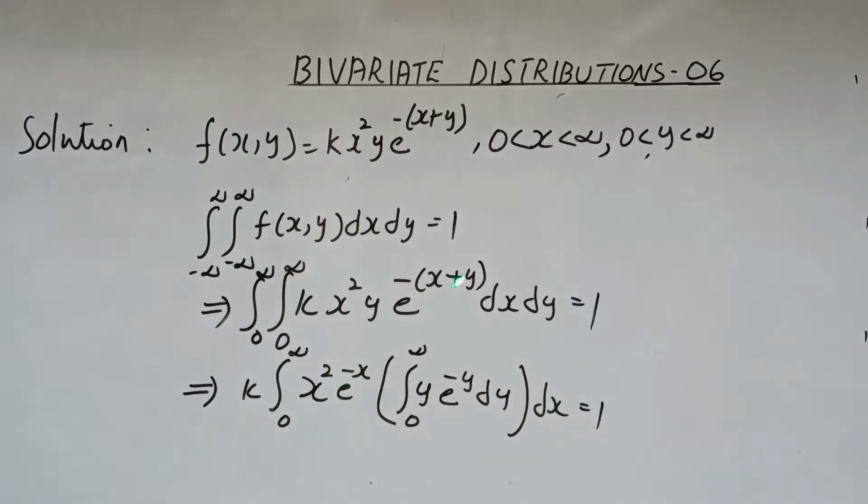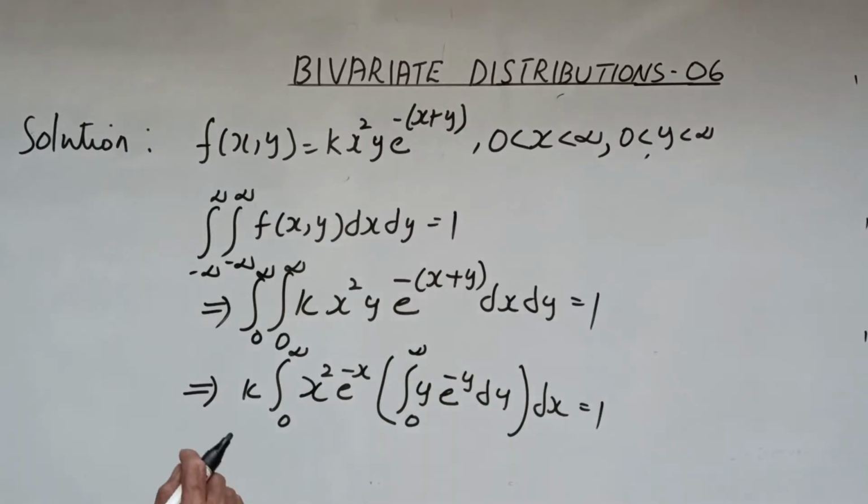This means that we are integrating with respect to x last, and firstly we are integrating with respect to y. So the inner integral is integral 0 to infinity y e raised to minus y dy.